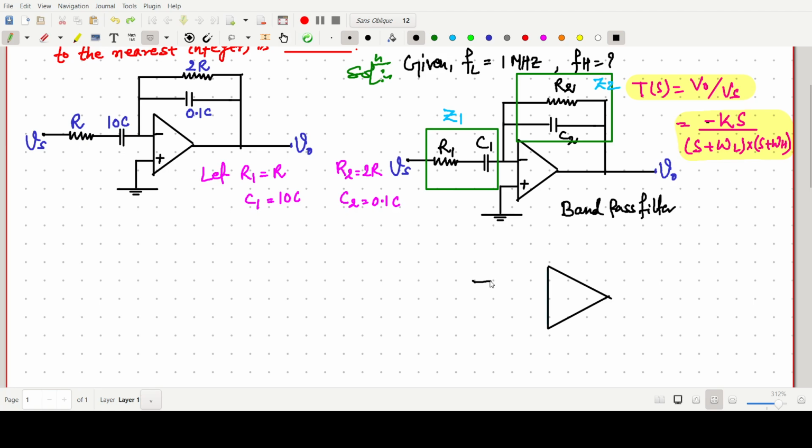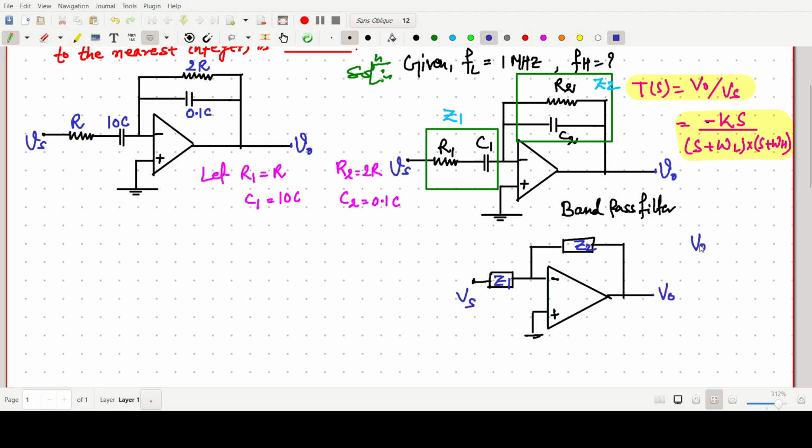Better to do it in a box manner, which makes the calculation easy. This is Z1, Z2, and this is V naught and Vs.